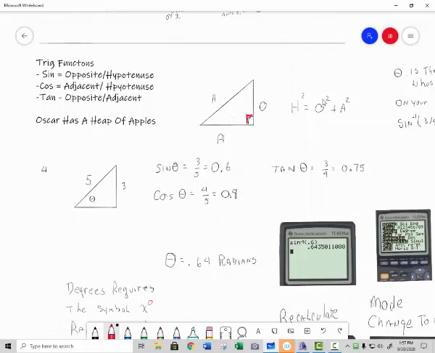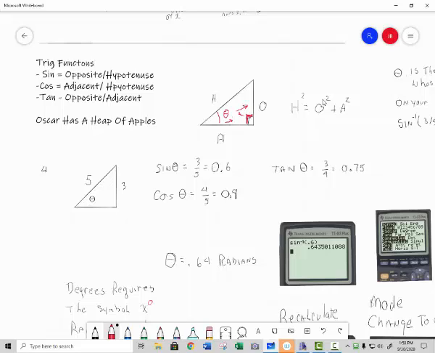Okay, I've got the opposite, and here's the angle that I'm interested in. Here's theta, right here. Okay, this is opposite the angle theta. This one's adjacent to angle theta, and always opposite the right angle is the hypotenuse. And the hypotenuse squared is equal to the opposite squared plus the adjacent squared.